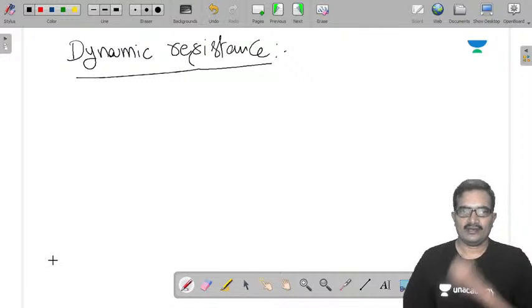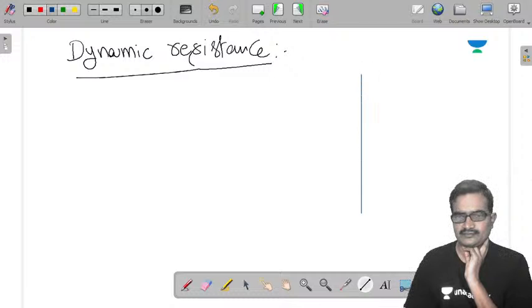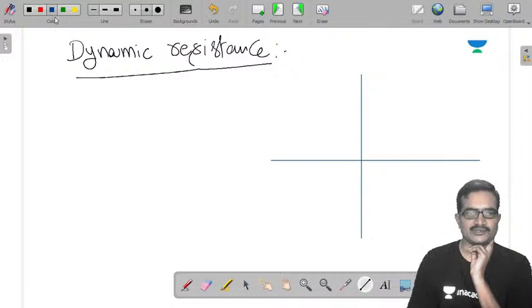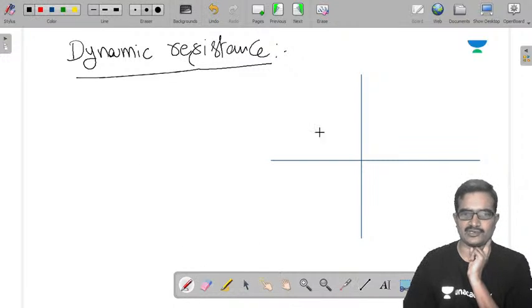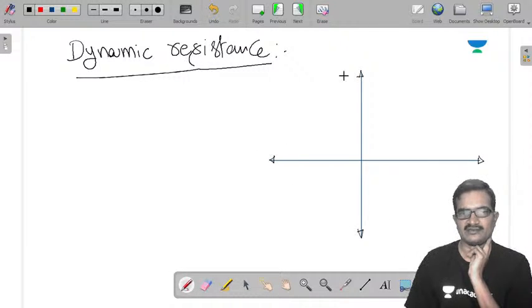Okay, for better understanding, once again I am taking the VI plot. As a student, you should be in a position to draw this VI plot whenever required. Okay, don't forget.